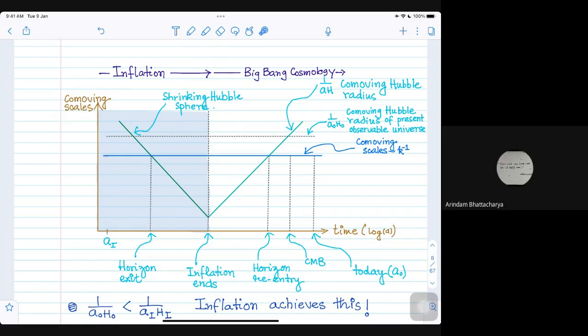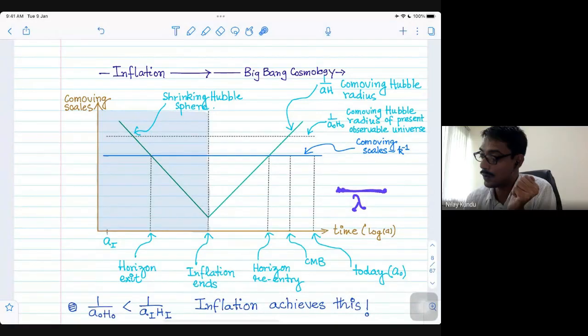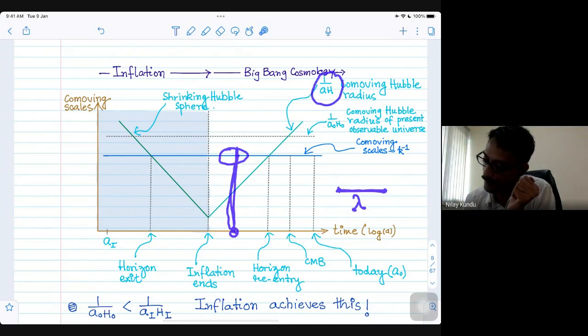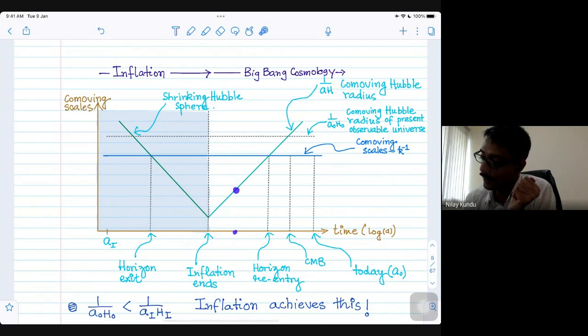So I have two particles at some fixed distance from each other, right? Yes. And you're saying that one of the particles goes beyond the Hubble radius at some point? No, I'm saying that this separation was more than the 1 over aH at this point. Let's say I'm at this point. At this point, my co-moving Hubble radius is 1 over aH.